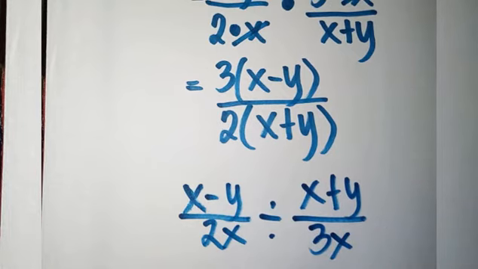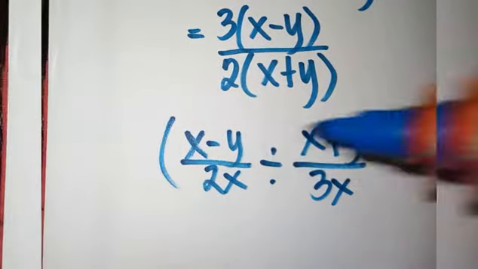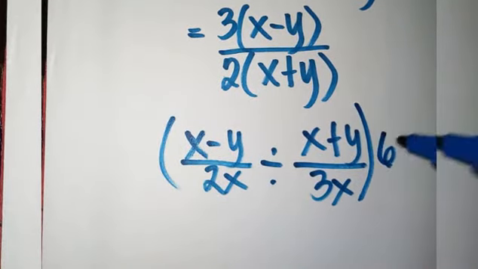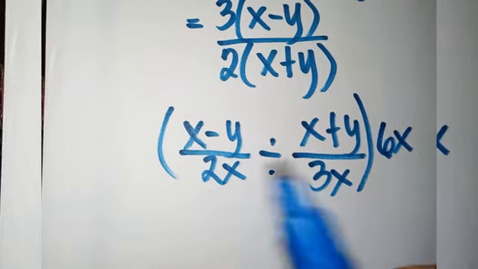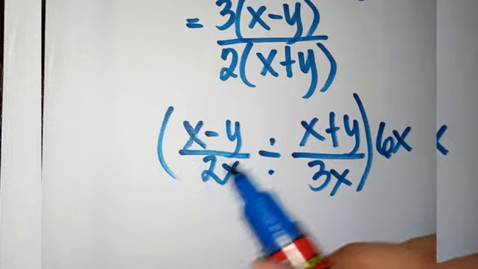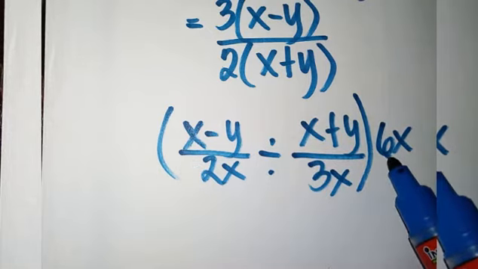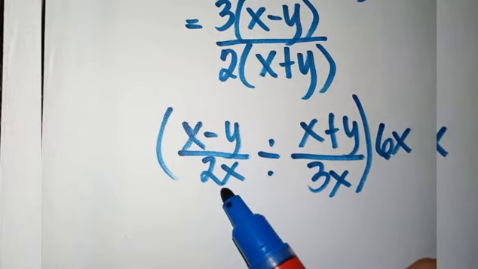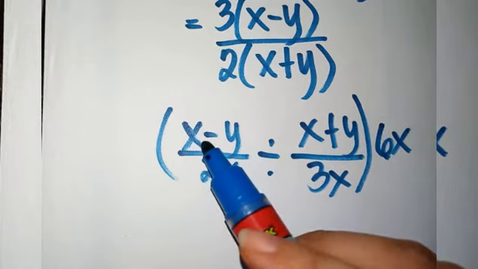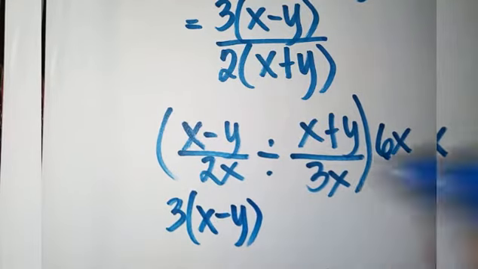So, ito daw ay i-multiply natin sa kanyang LCD, which is 6x. So, 6x, i-multiply natin sa x minus y all over 2x. So, ganito siya. 6x divided by 2x will give us 3, times x minus y, so we have 3 times x minus y.